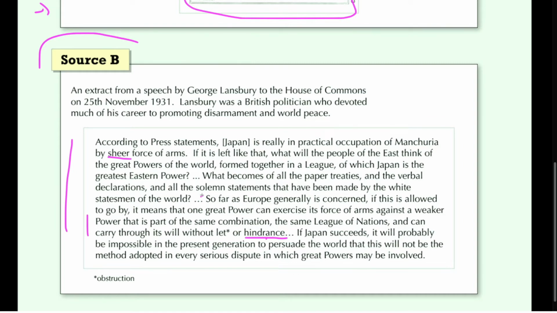If Japan succeeds, it will probably be impossible in the present generation to persuade the world that this will not be the method adopted in every serious dispute in which great powers may be involved.